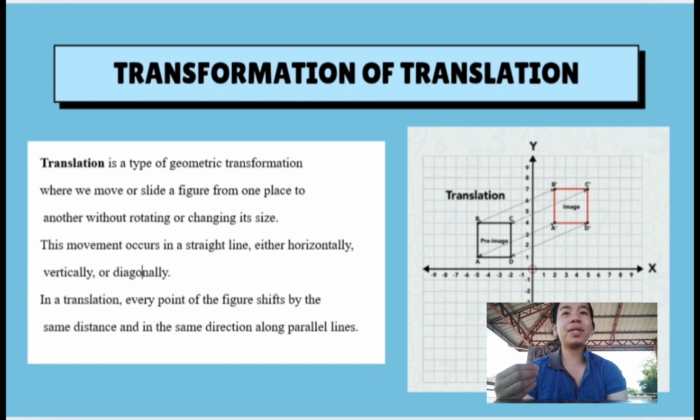For example, from the pre-image, the coordinates of A are (-5, 1), and when translation is applied, the translated image now has the coordinates (2, 4), and the same applies with the other points in the plane. And that's how translation works in a coordinate plane.